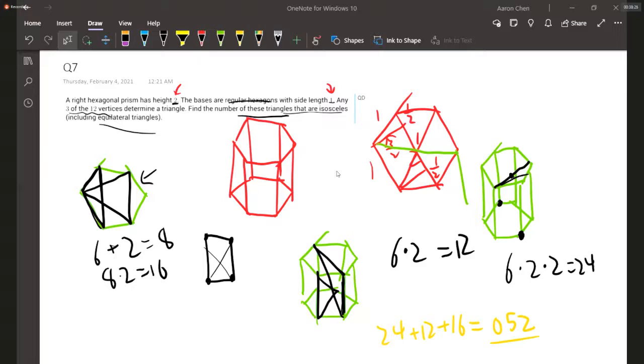And so that's no, because basically you're choosing, there are 6 ways to choose this side. And once you've chosen this side, there are 2 ways to choose whether you're taking the diagonal across the top or the bottom. And once you do that, the 3 points have been determined. And so it's just 6 times 2, which is 12.